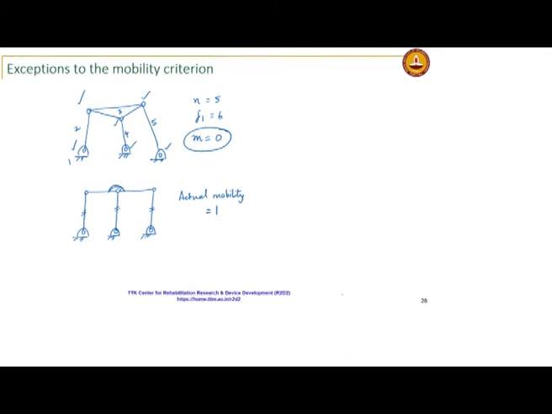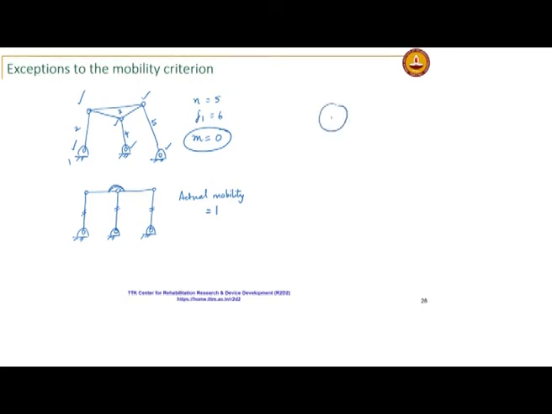The reason for that is the mobility criterion does not account for it, and a mobility of 1 is possible only because of the special geometry of this mechanism, because all the links are equal. Okay. So, if there are special geometry considerations, you will find that sometimes the mobility criterion will not apply. Okay.